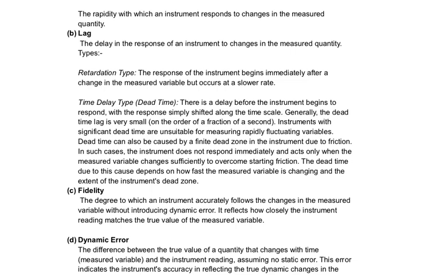In such cases, the instrument does not respond immediately and acts only when the measured variable changes sufficiently to overcome starting friction. The dead time due to this cause depends on how fast the measured variable is changing and the extent of the instrument dead zone.